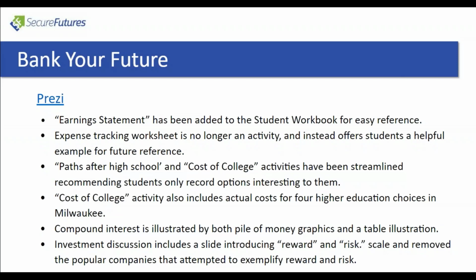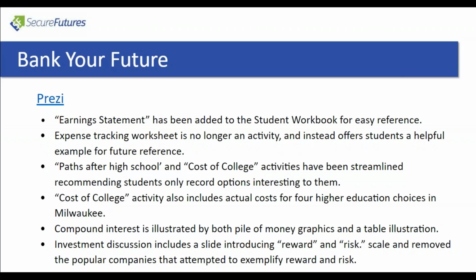The expense tracking worksheet is no longer an activity, and instead it offers the students a helpful example. We were really trying to cut time in Bank Your Future. We get your feedback and understand that it's hard to introduce yourself and get everything done in Bank Your Future.